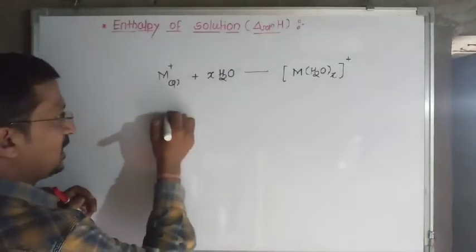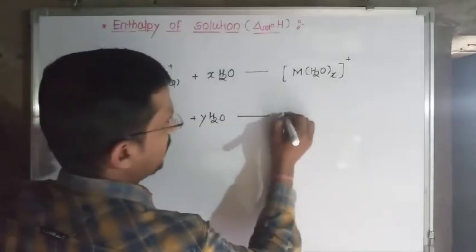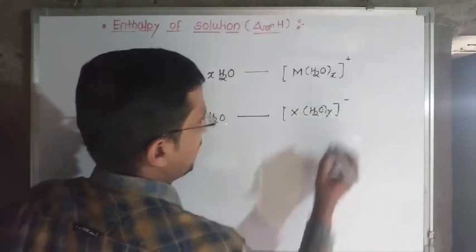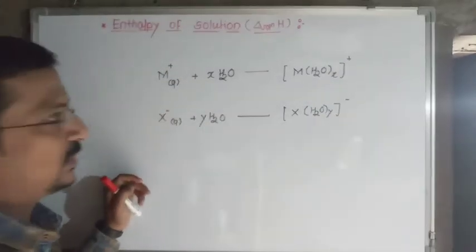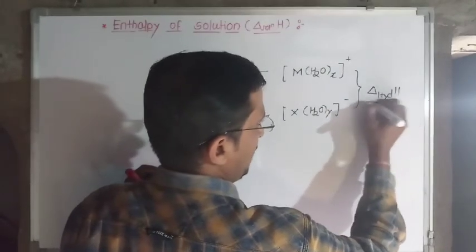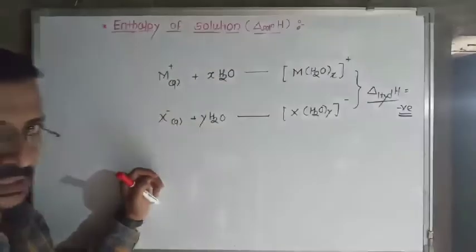And suppose X minus is there, gaseous, plus y moles of H2O, it converts into X(H2O)y minus. So this is hydration. And during the course, the enthalpy is called delta hydration enthalpy. And this delta hydration enthalpy is always negative.